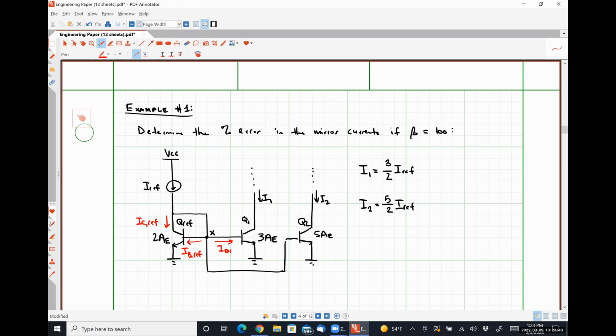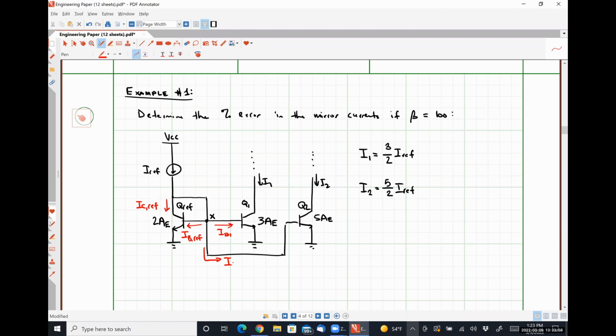I'm going to call IB1, the base current for our combination of transistors making up Q1. And then we're going to have this guy down here, which I'm going to call IB2. So this is the base current for the combination of transistors that's forming Q2. Those are all the currents that are leaving node X. Yay or nay? Yeah.